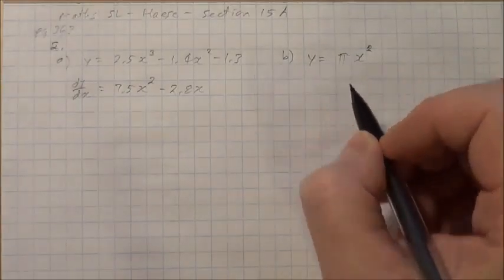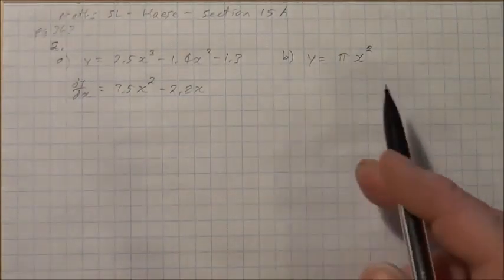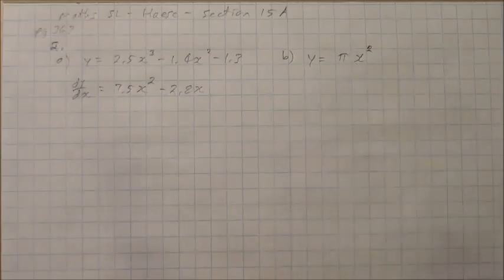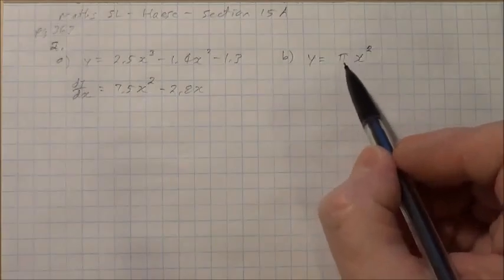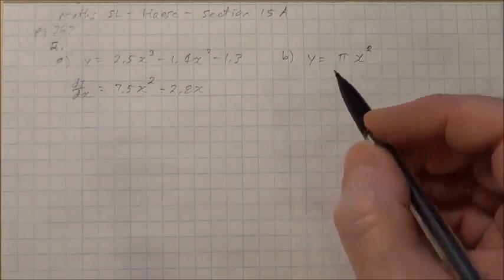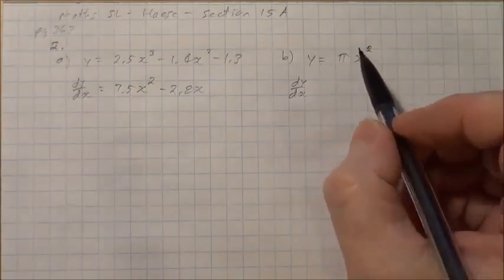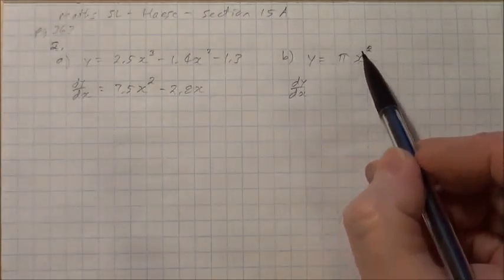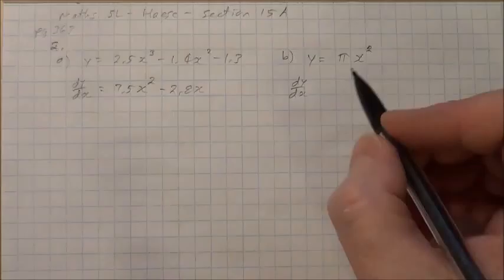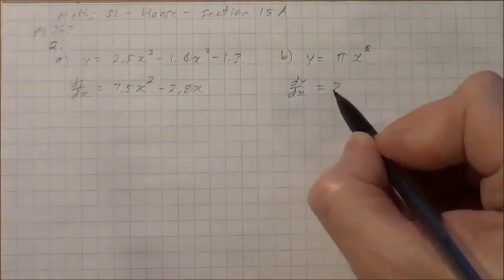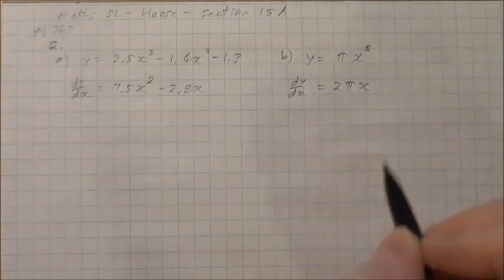Some of the Greek letters are used as variables, but pi is not one of them. It's used as a constant. So you just have to remember that pi is a constant, and then when you take the power law of this to find the derivative, we just bring the 2 down in front, so it's 2 pi x.